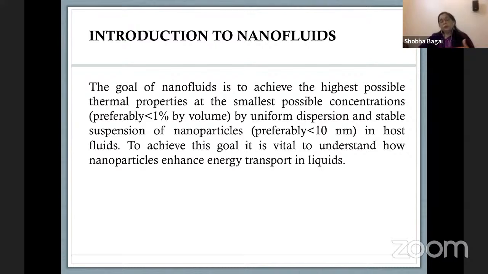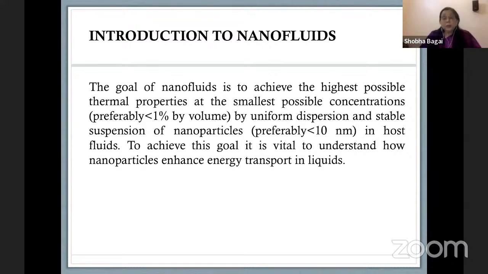I hope you understand that it's a kind of optimization problem. You want very high thermal properties of the base fluid, whereas the concentration has to be low so that the other properties are not disturbed, and the dispersion or mixed solution obtained must be stable in the host fluid.